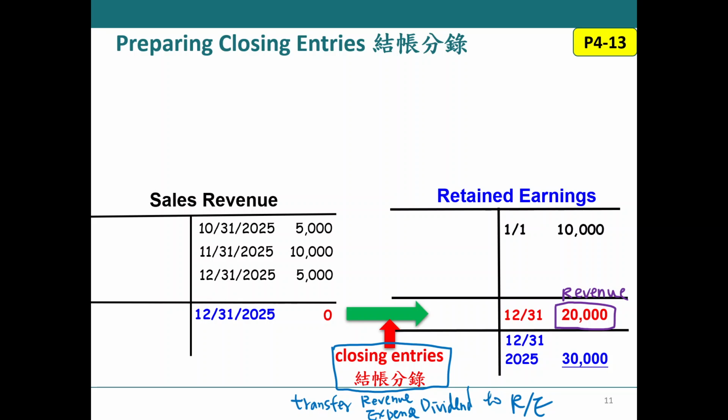The opposite side. So if you have expenses and dividends, you can find expenses and dividends right here. Okay?